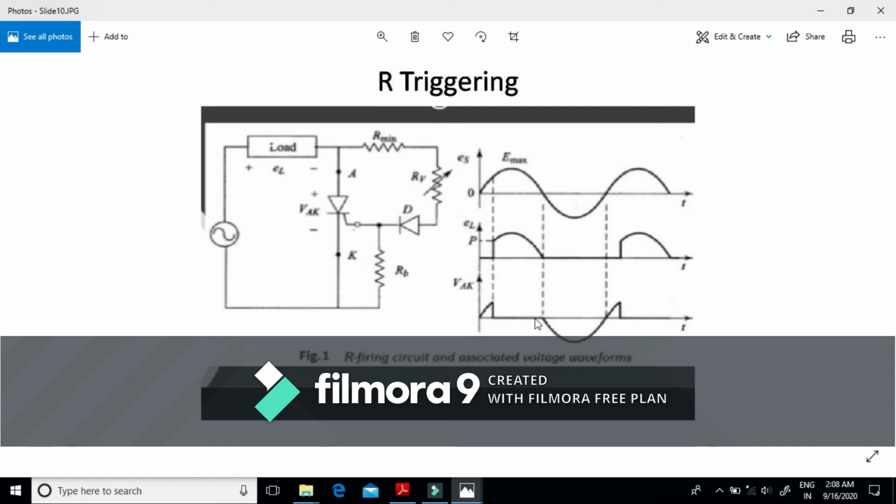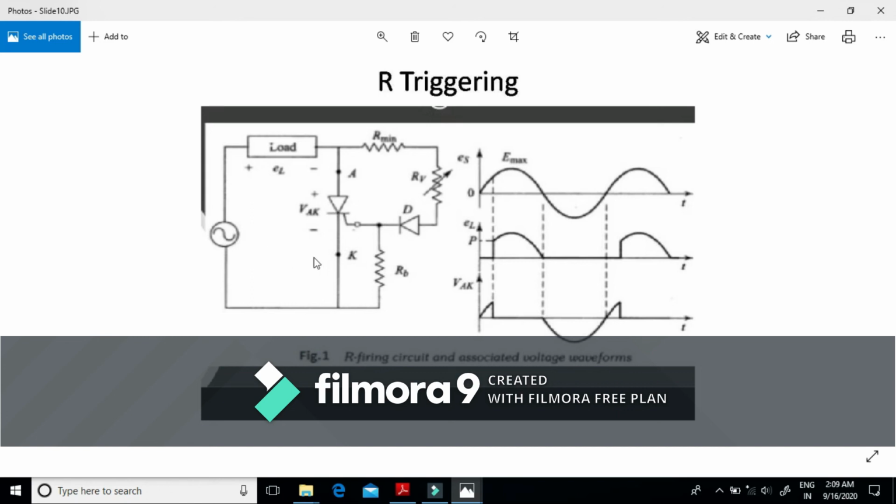During the interval when the SCR is turned on, that means from alpha to pi, and here from 180 plus alpha to 2 pi, I am showing the voltage across the SCR will be 0. But during the reverse voltage, that means during this negative cycle, since no triggering pulse is provided, this again behaves like an open circuit.